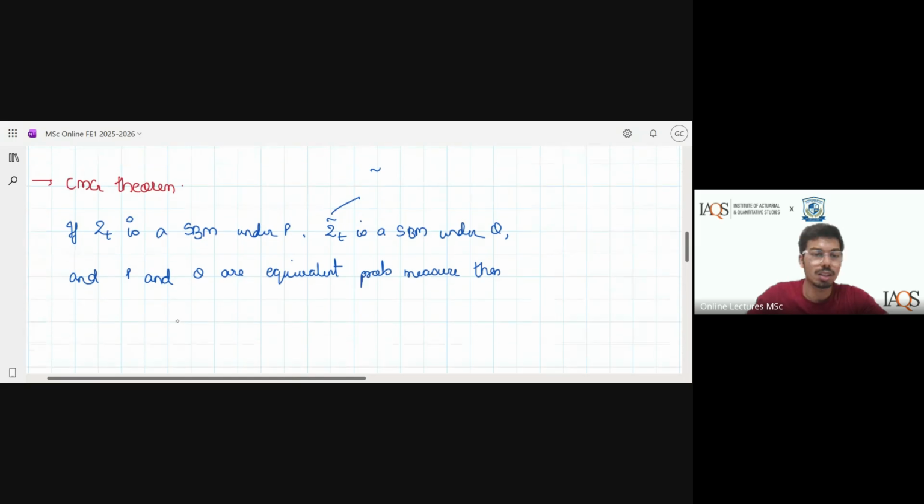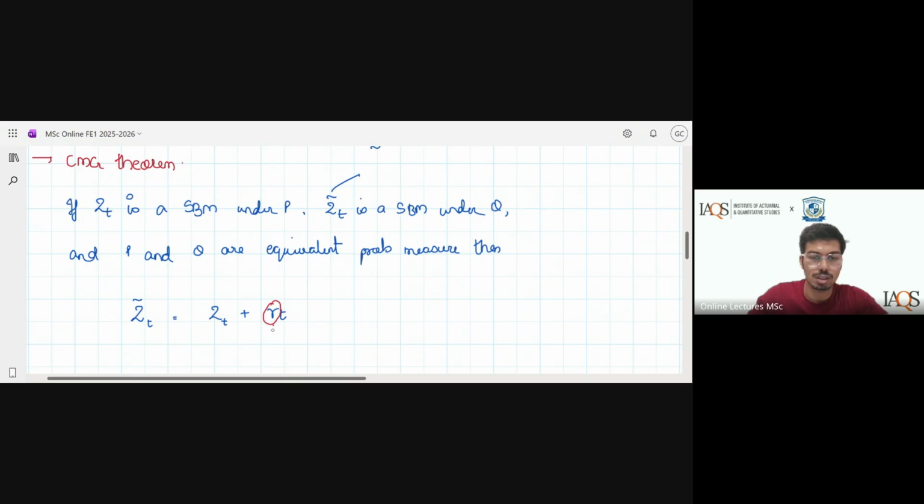Then Z tilde T is equal to ZT plus gamma into T, where this is gamma and it's a previsible process. This is SBM under P. This is SBM under Q.